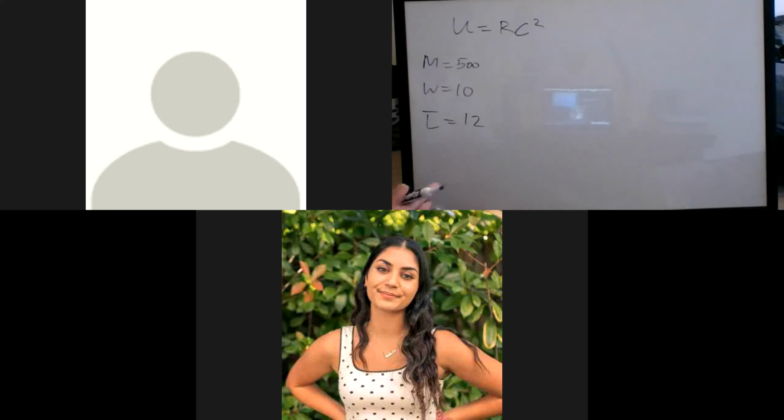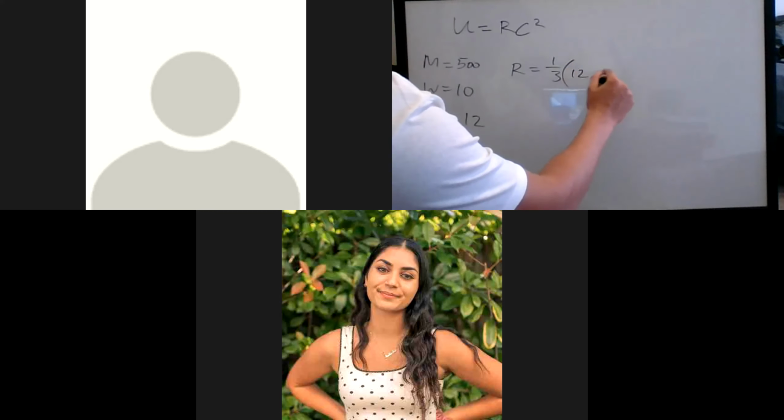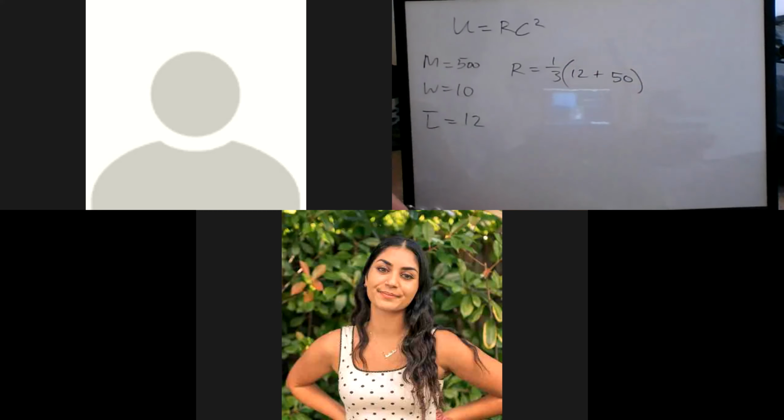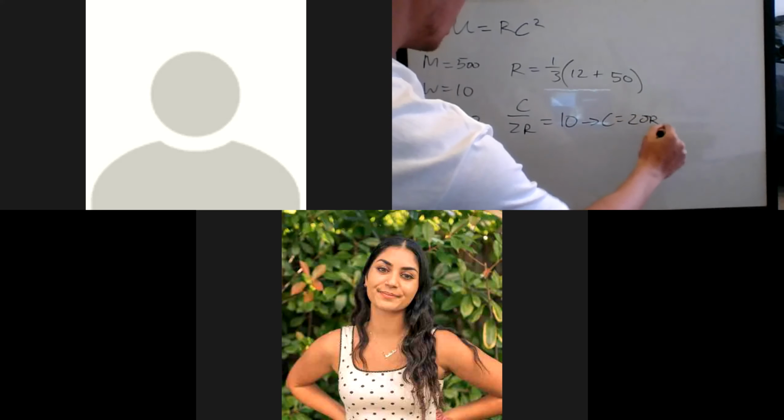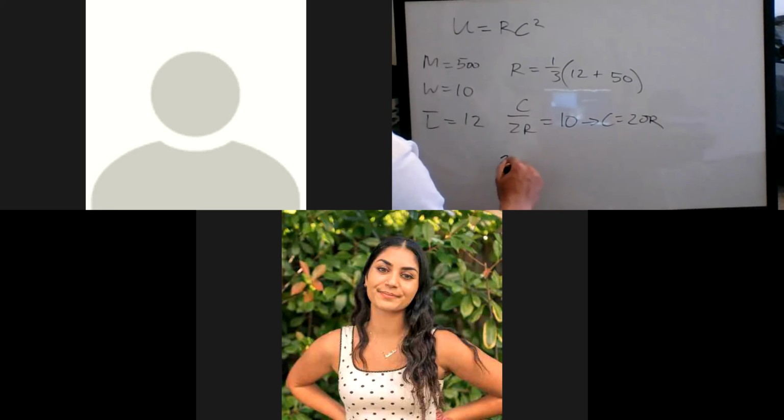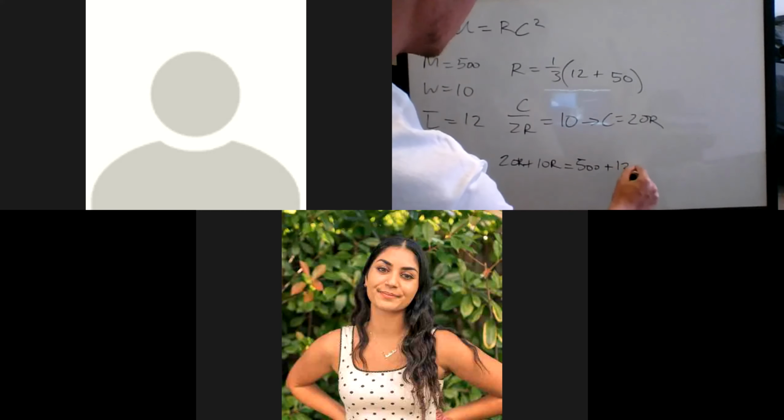Then I think recreation would equal 1/3 (12 plus 500 over 10). All right, so let's work this out. We see that C over 2R equals 10, so we get C equals 20R. Then 20R plus 10R equals 500 plus W L bar, which is 120.